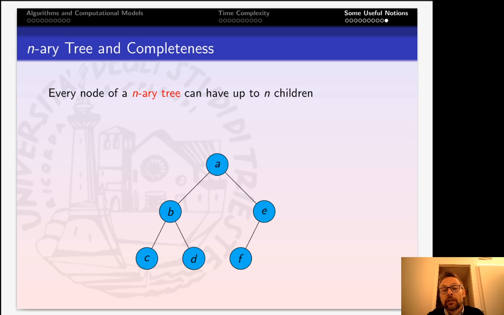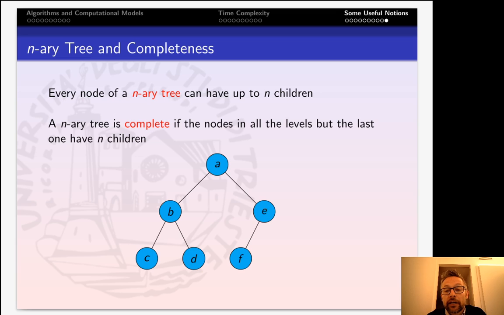The tree in the slide is a binary tree, so a two-ary tree, because the maximum arity of the children for each node is 2. So each node has at most 2 children. Please notice that the node E, for instance, has just 1 child, okay? While of course the leaves have no children at all, okay?